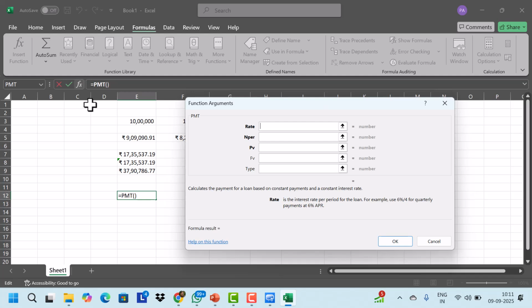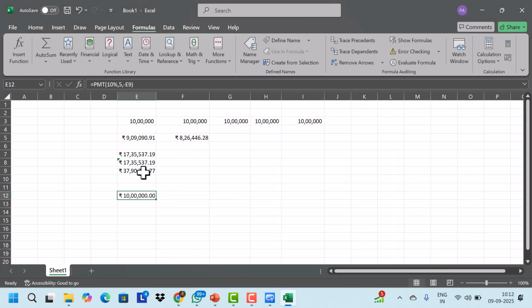So the rate is 10%, NPER is 5 years, and the present value, which is the value I am going to give to someone, is 37 lakh 90,000. So how much do I get? 10 lakh rupees? 10 lakh is what I am going to get every year. This is by using the formula PMT, which is nothing but the annuity.